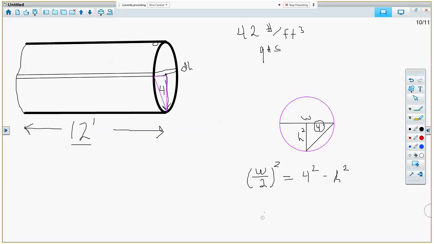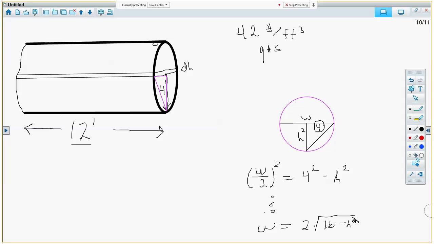So W, if you know how to do this, three dots, that means you know how to do this. W is equal to 2 times the square root of 16 minus H squared. Basically, it's a manipulation of what? Pythagorean theorem.